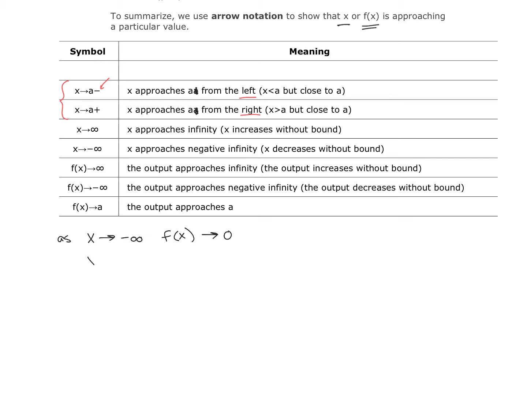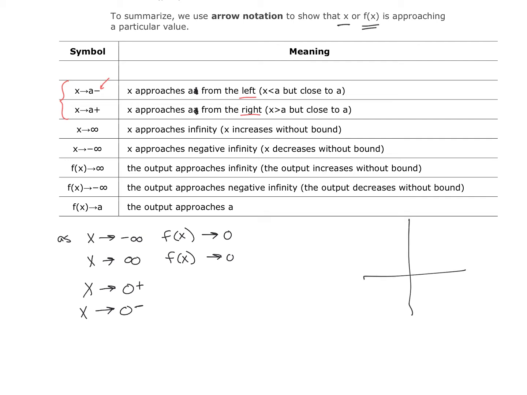We also know that as x approaches infinity, the function value approaches 0. And then we talked about what happens when x gets closer to 0, and we could approach 0 from the positive or from the negative.